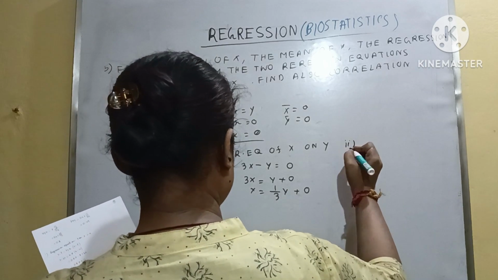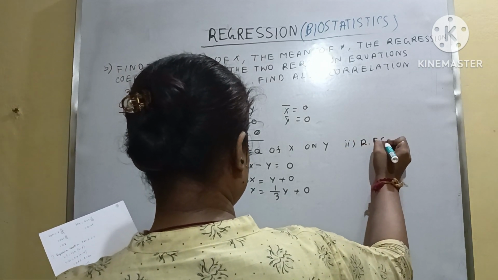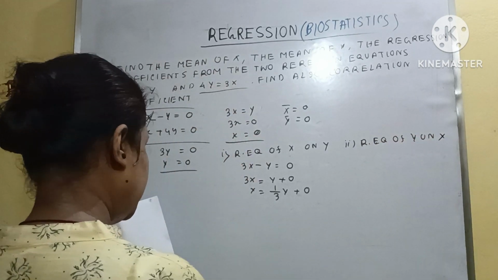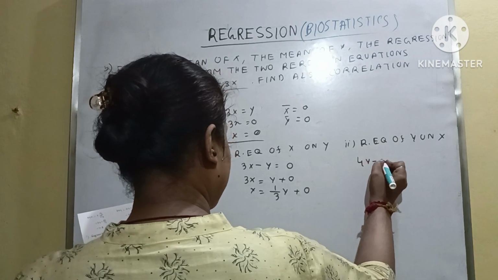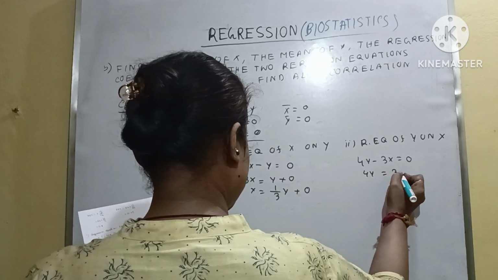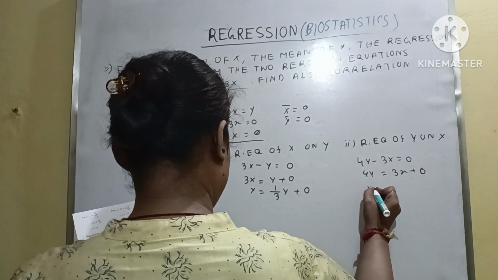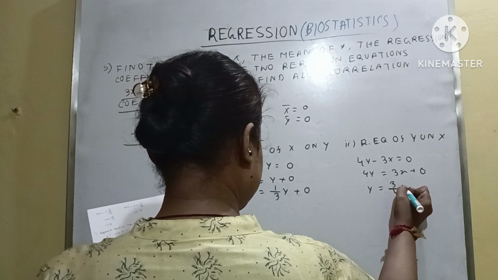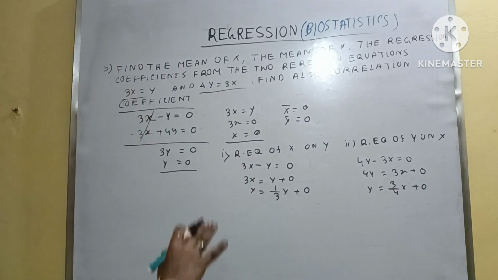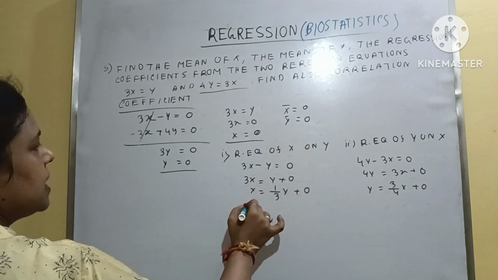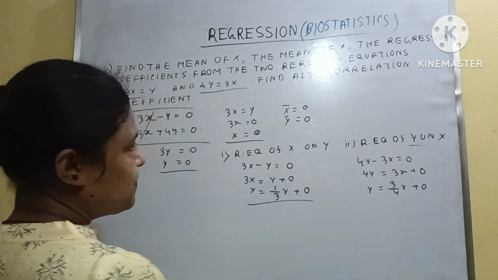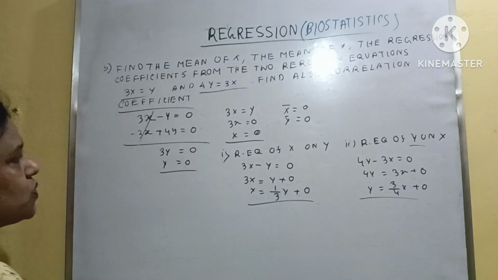Second, regression equation of y on x, that is 4y minus 3x equals 0. So 4y equals 3x plus 0 and y equals 3 by 4 x plus 0. These are the two equations. Regression equation of x on y, that is this one, and regression equation of y on x, that is this one.